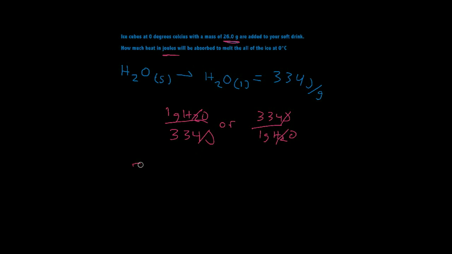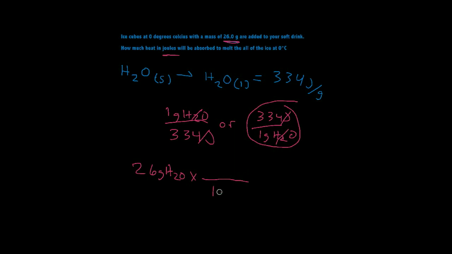We're given 26 grams of H2O, and we want to eventually have our units end in joules. So we're going to use this conversion factor here, because this one has grams on bottom and my grams are on top here. So my grams will cancel out. I'll be left with joules.